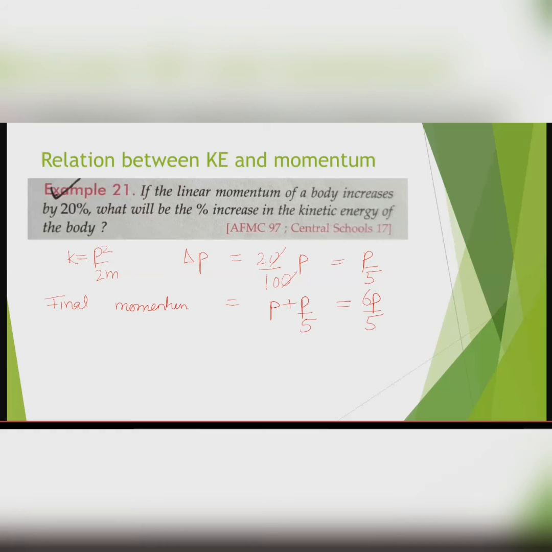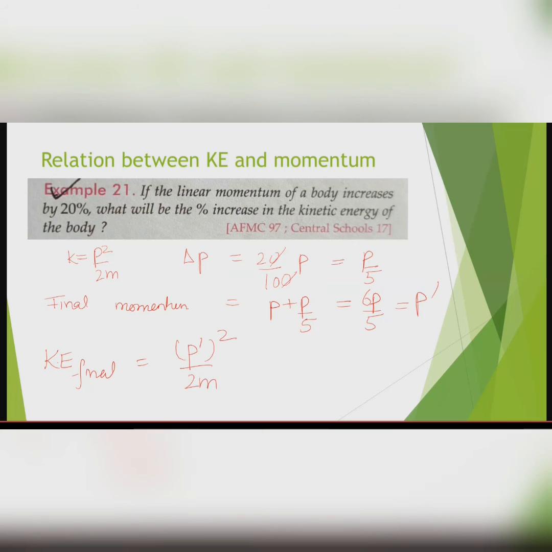They are asking how much would my kinetic energy change if the momentum is increasing by 20%. So first I'll see what is the final momentum. Now this means what would be the final kinetic energy of the object. So kinetic energy final would be final momentum, let's call this momentum P prime, so P prime square by 2m.